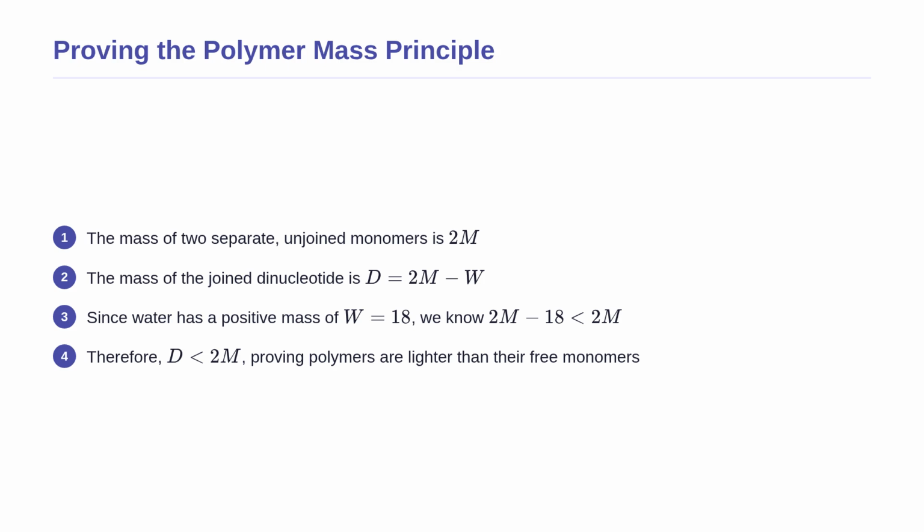However, the mass of the joined dinucleotide is D, which equals 2m minus W. Because W is a positive value of 18, 2m minus 18 must be strictly less than 2m. Therefore, we have mathematically proven that D is less than 2m. This proves that polymers are always slightly lighter than the sum of their individual free monomers due to the water lost during polymerization.